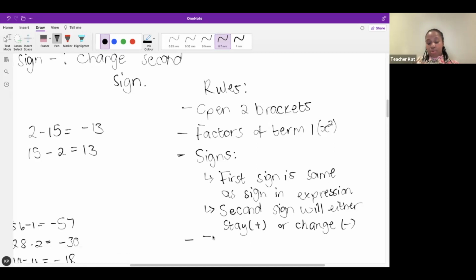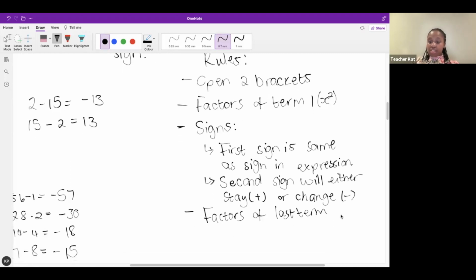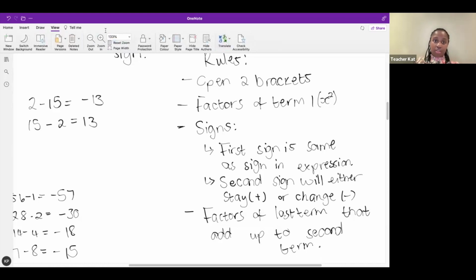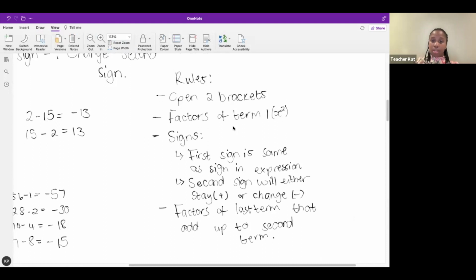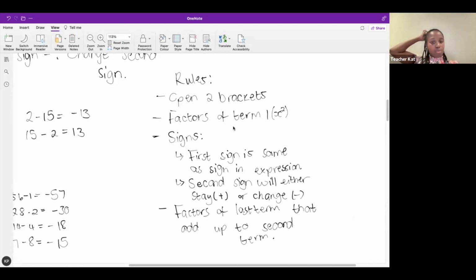Okay, and then we find the factors of the last term. This sounds very long, but as you're doing it, you get used to it, ne? Factors of the last term that add up to the second term. Does that part make sense? Factors of the one that is last that add up to the one in the middle. They are my rules. Take a screenshot now because we're about to go practice.